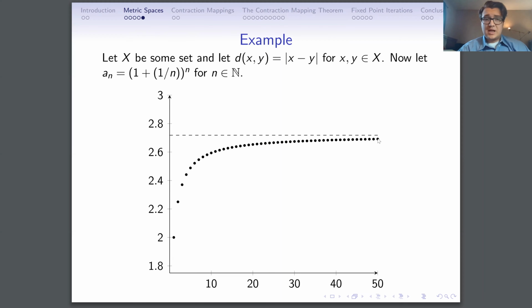Now let's suppose our set X is the set of reals. We can see from this dotted line that I put at e that this sequence converges to e. We're getting closer and closer to e. However, let's suppose our set X is the rationals.